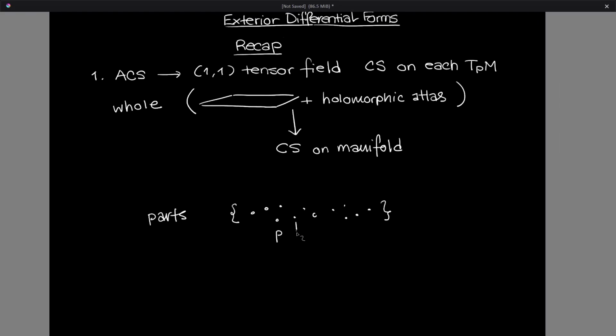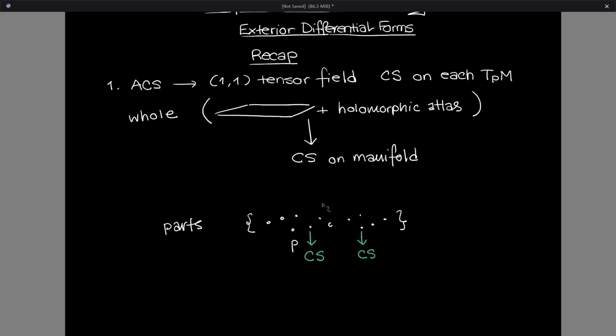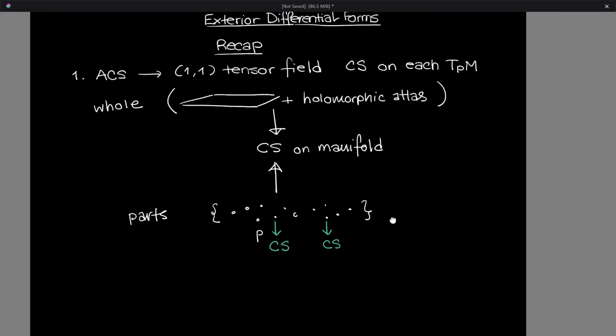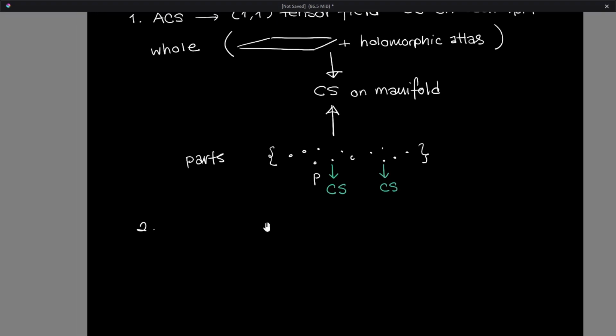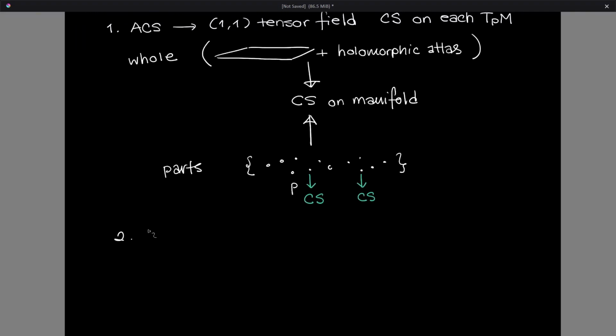And what if we defined complex structures on the vector spaces on each of these points, right, on the fibers? Could we integrate them together to get a complex structure on the manifold? That was our question. We then called this manifold with an almost complex structure.